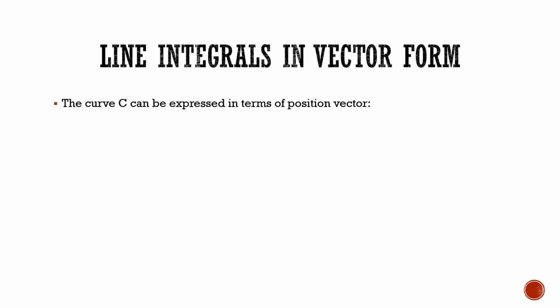After that, since the curve C is given by parametric equations, it can also be expressed in terms of a position vector, that is r(t) equals x(t) i plus y(t) j plus z(t) k.